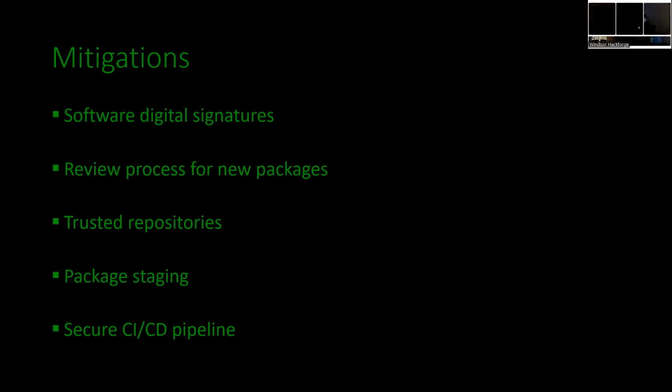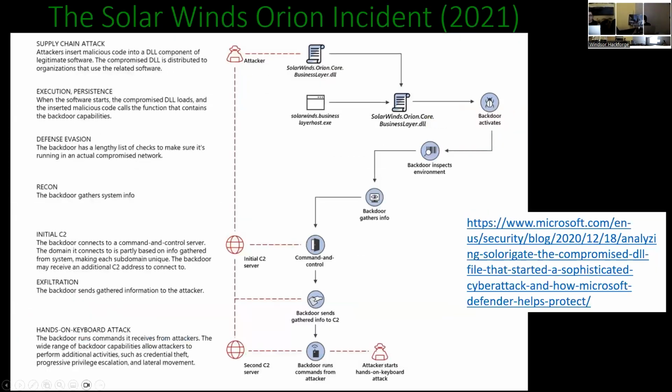Trusted repositories and package staging. What this is: you have an update, but you bring it into an intermediary area first. So you say, I don't update directly from the source. I download my updates to this intermediate area, do scanning on them, and then when I'm happy, I will pull from that intermediate area. There are some indications that this would have helped with SolarWinds Orion because the Windows Defender scanning had pretty good heuristics on it.